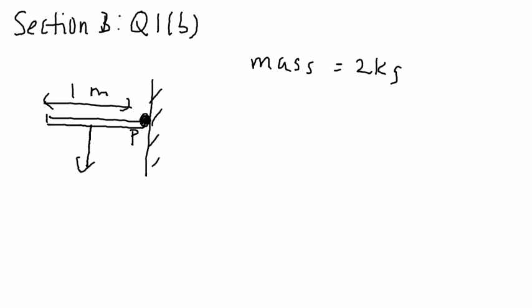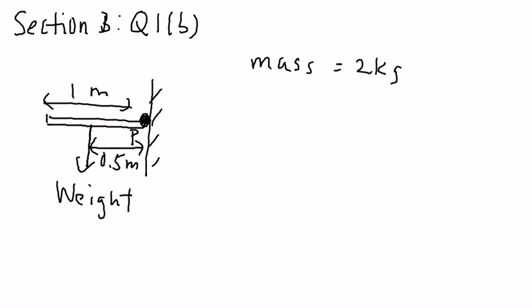Therefore, the perpendicular distance from the pivot to the center of the plank is half of 1 meter, which is 0.5 meter.